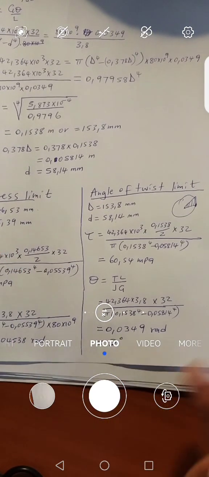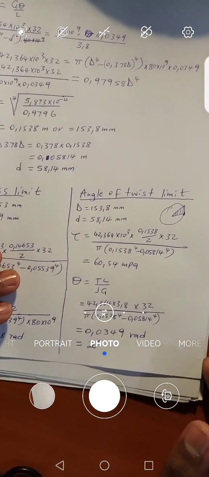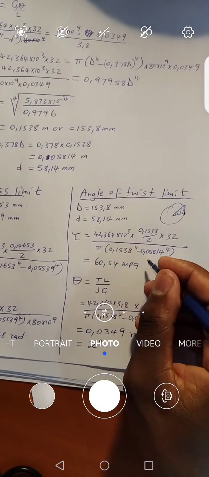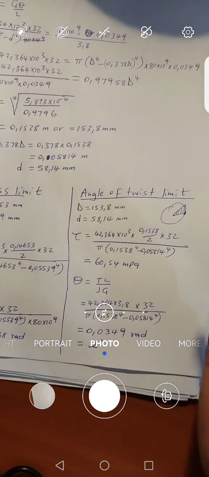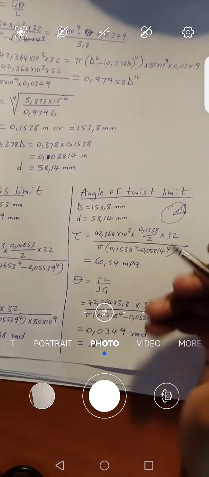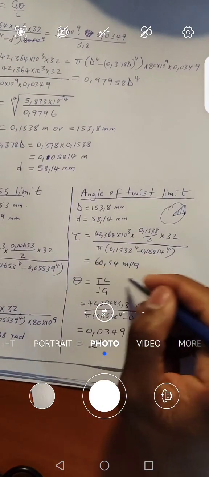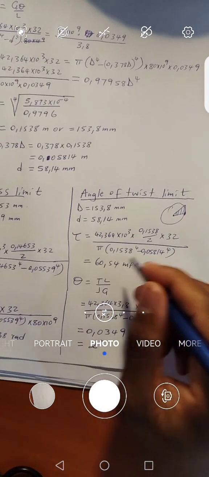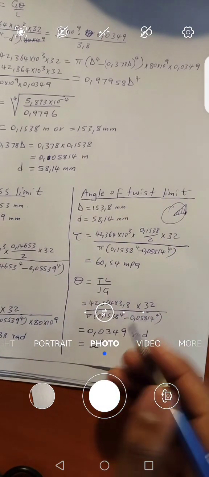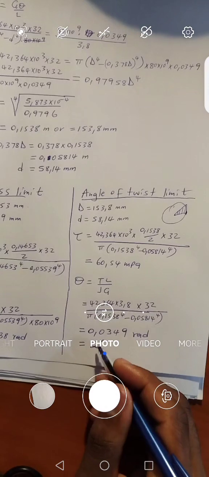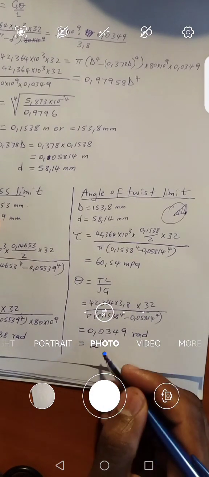So what are our limits? Our limit says that our stress mustn't be more than 70. It either becomes less than 70 or equal to 70. So it met this condition, because this value is less than 70. And then the angle of twist must be less than 2 degrees or equal to 2 degrees.